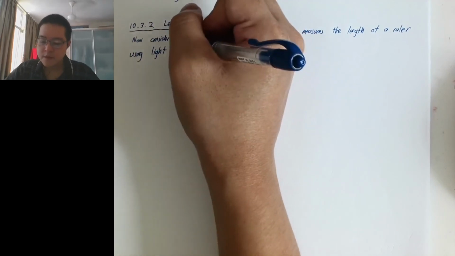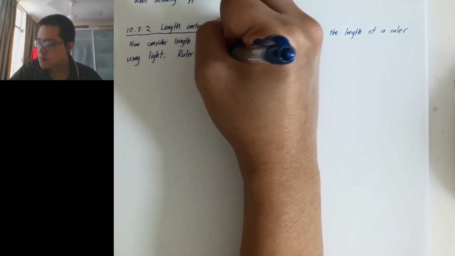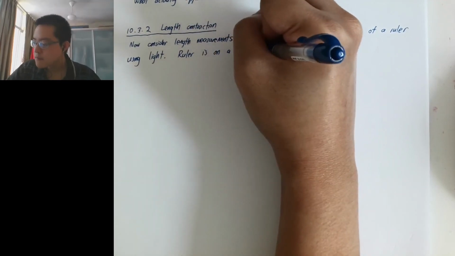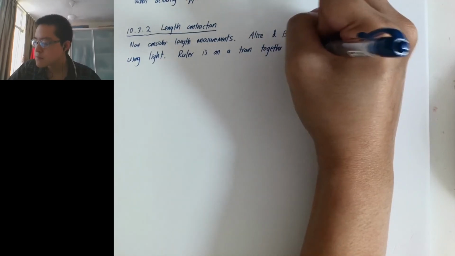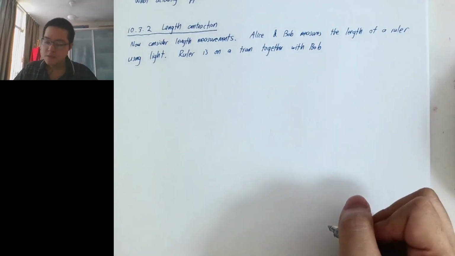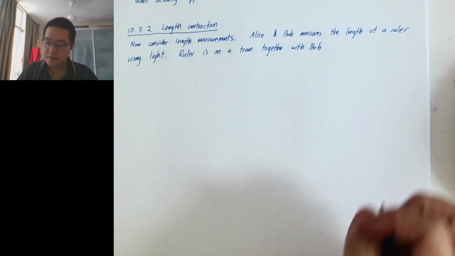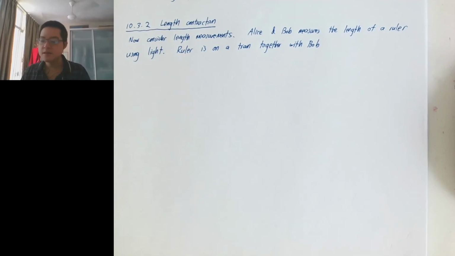Okay, so the ruler is on the train together with Bob. So let us consider this scenario.